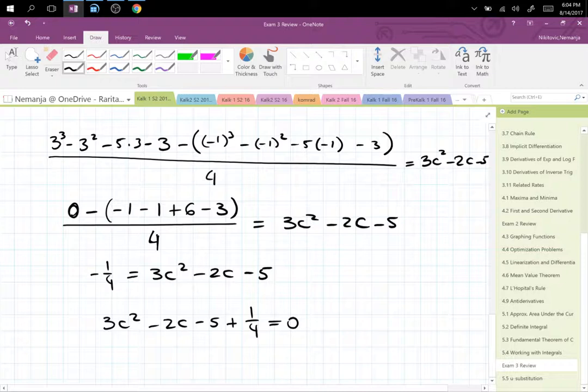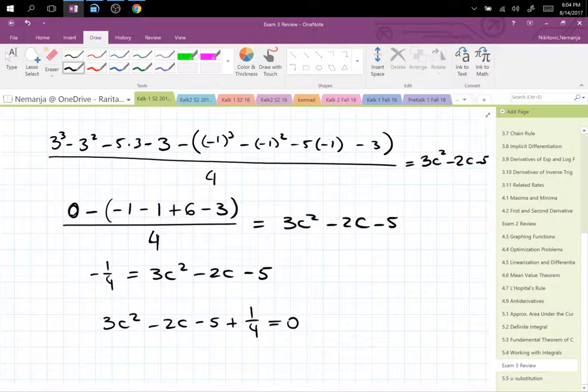And from there, what I'm going to do is use the Wolfram Alpha solver, because I'm not going to sit here 30 minutes figuring out the quadratic formula with 19 quarters and stuff.